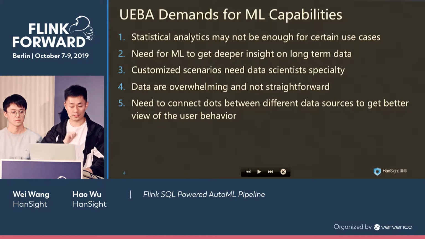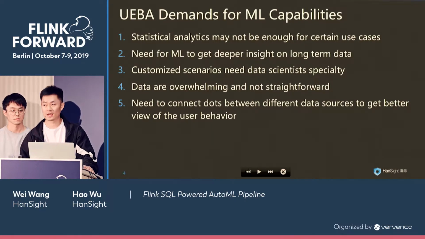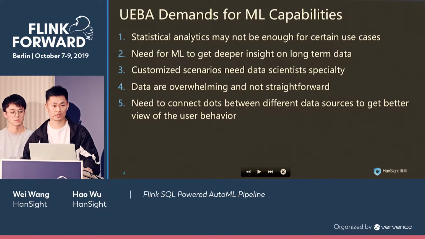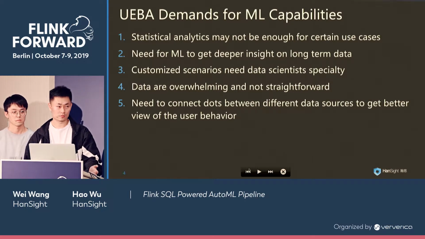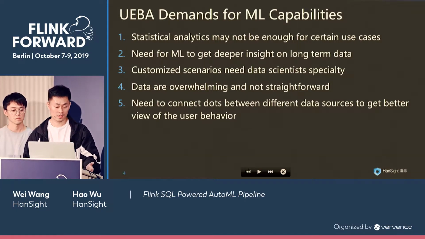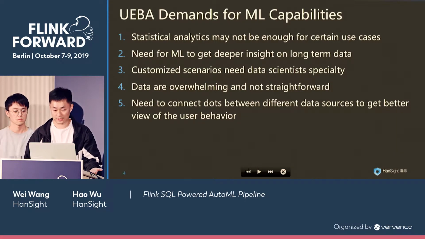And second, we need machine learning to get deeper insight on long-term data, because customers can provide you months of data or even years of data. What do you do with this overwhelming data? You have a vast amount of data in your hand, but you don't know how to get started. That's where machine learning, specifically unsupervised machine learning, kicks in.